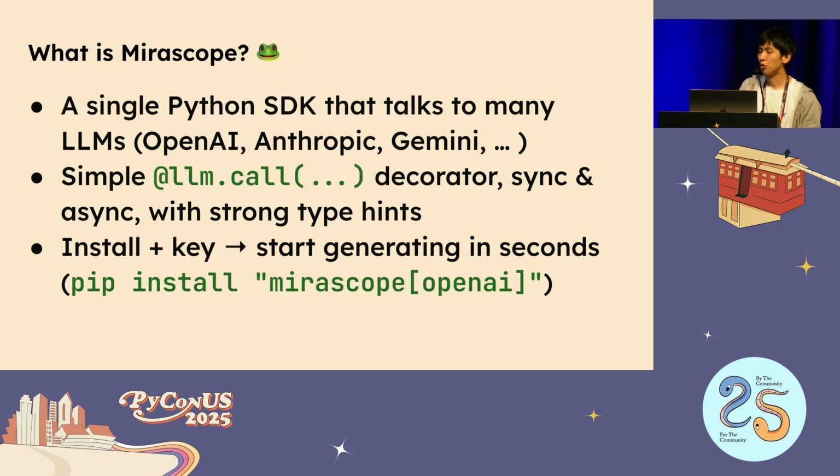This library provides the decorator llm.call, with sync and async support and strong type hints. This library is very easy to use. To install it, pip install mirascope with the provider name.